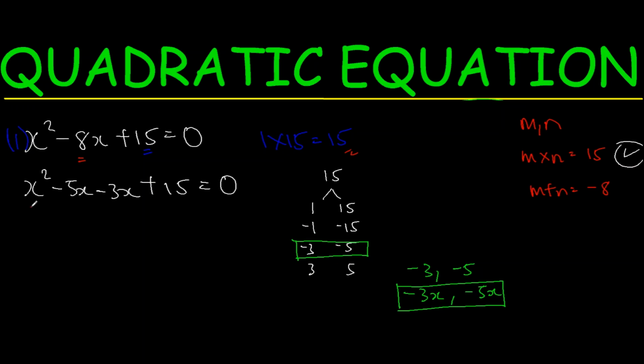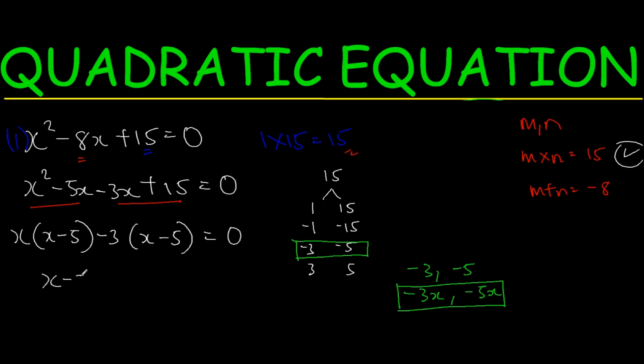Now factorizing by grouping, we group the first two and the last two together. So factorizing, we have x minus 5. We can bring out minus 3 here, and here will be x minus 5 is equal to 0. So we have that x minus 5 times x minus 3 is equal to 0.